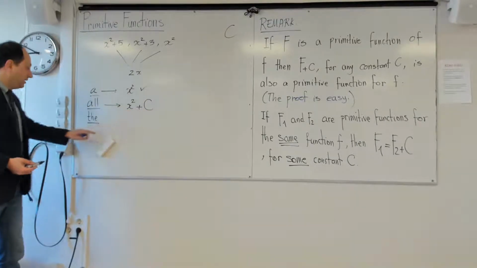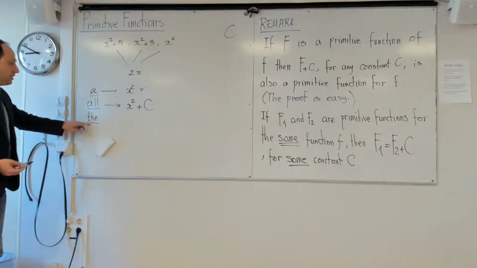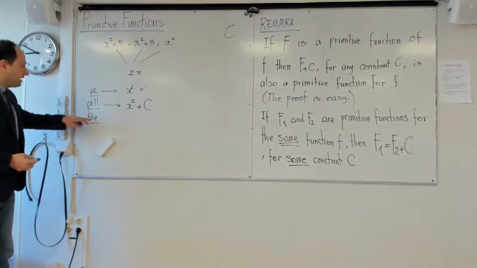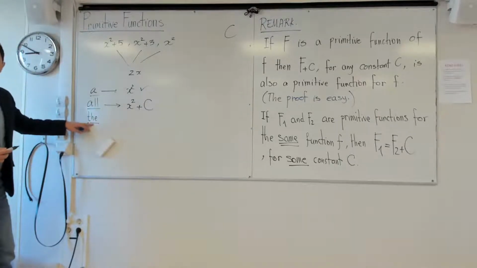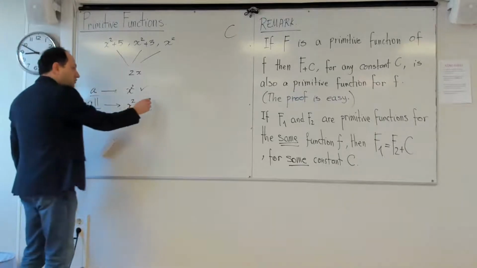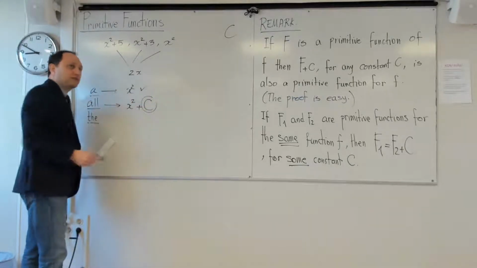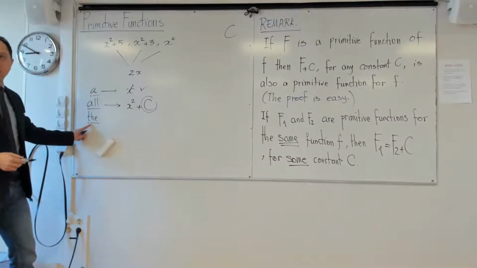And when I say there, it would be the topic of the next lesson, or probably if we can cover it today. When I say there, it means that I have to provide you with an extra piece of information so that you can use it to find that particular value of C. Then it becomes the primitive function.